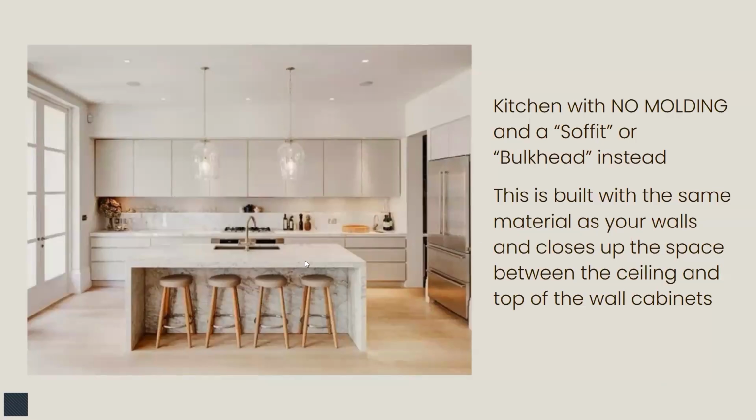All right, one of the things to talk about for a couple folks, we discussed this in class, that there are older type of kitchens where there's no molding at all. So these cabinets go right up to this, but this section here, this is not your ceiling. This is what's called a soffit or a bulkhead. That's used to finish off and close up the space between what would be the top of your kitchen cabinet and the ceiling. The benefits of that are that you can put some lighting in here.